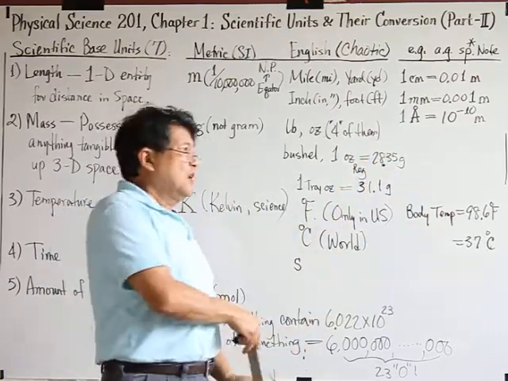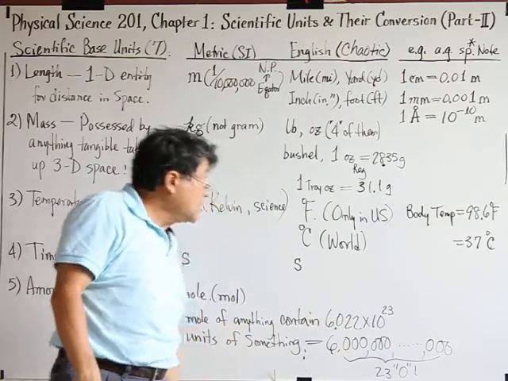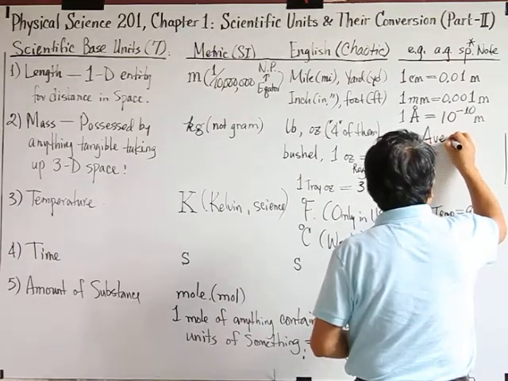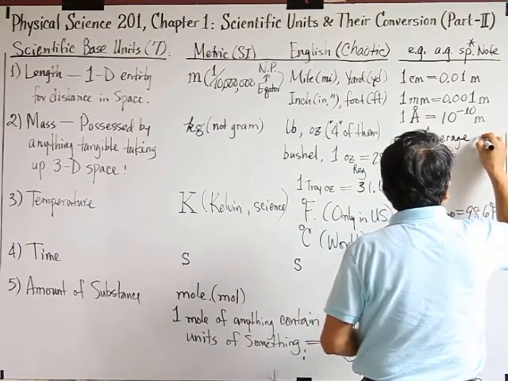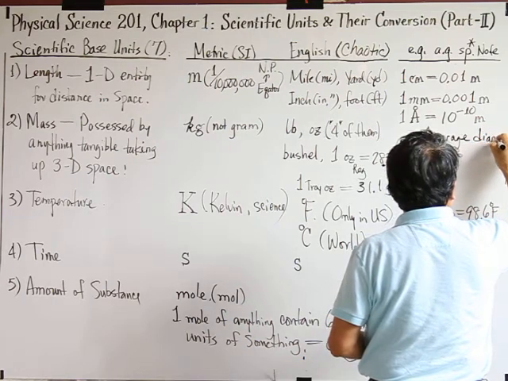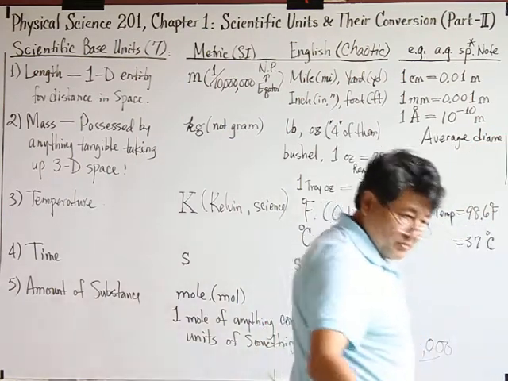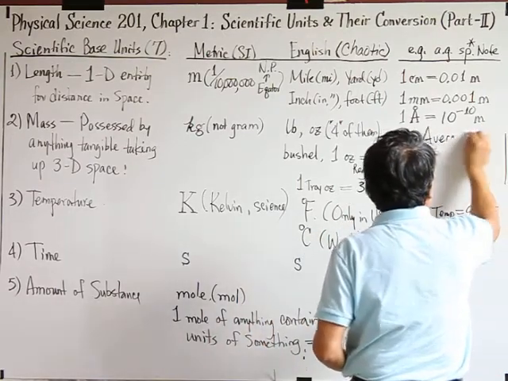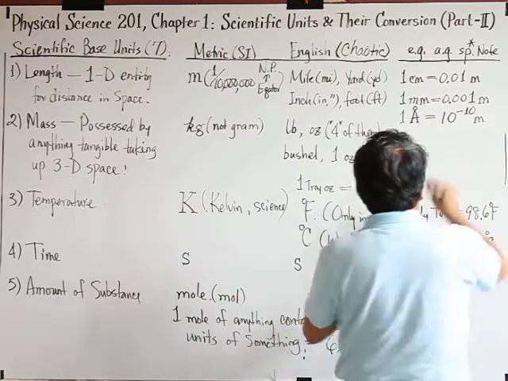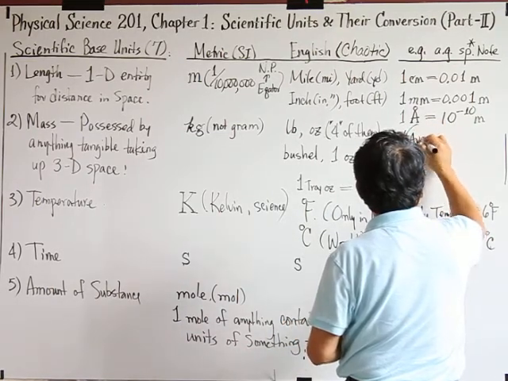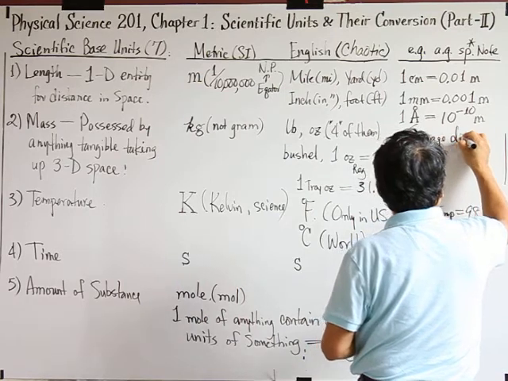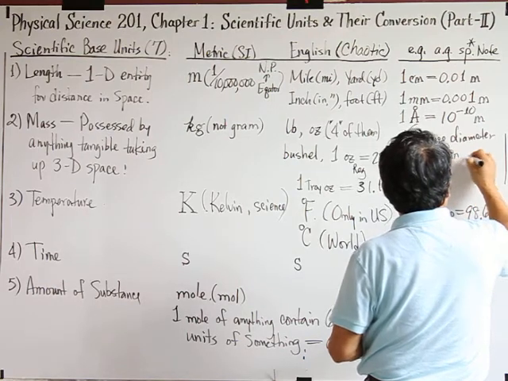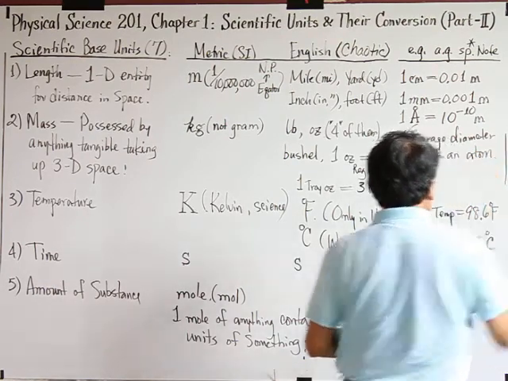Why do we have to introduce strange units and sizes? Because that is the average diameter of an atom.